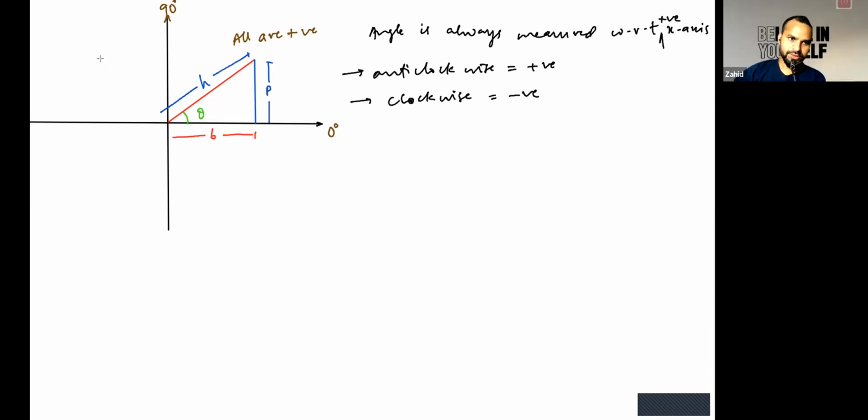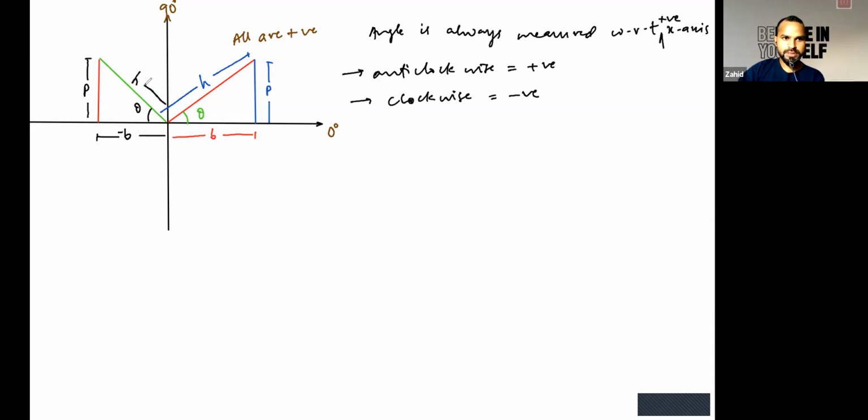But similarly, if you draw a triangle in this second quadrant, like this, let's say this is your theta. So this particular triangle would have its base from the origin towards the left side, or you would say along the negative x-axis, so it will be negative. Perpendicular is going along the positive y-axis, so it will be positive.